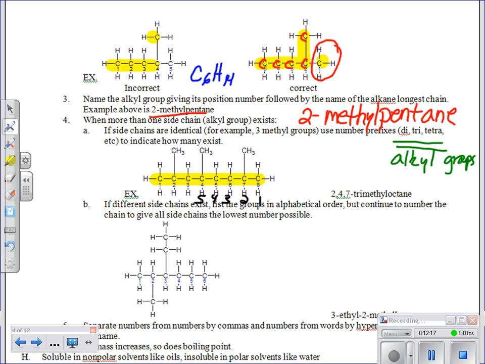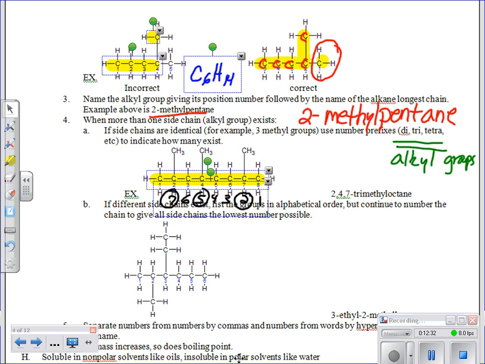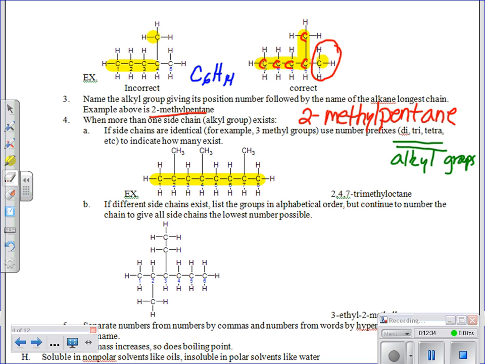It'd be coming off of 5. So instead of having a 2, 4, 7, we would have a 2, 5, 7. Those are larger numbers. So the way that it is numbered right now is the correct way. You don't want to do it the other way.